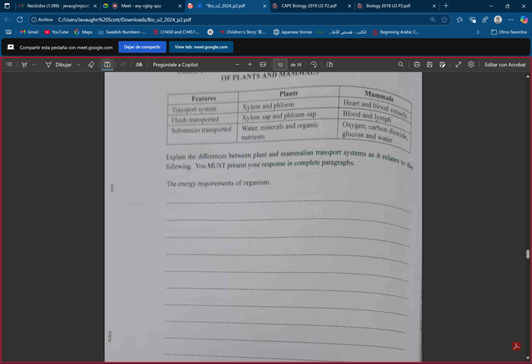Alright, so the first one is the energy requirement.